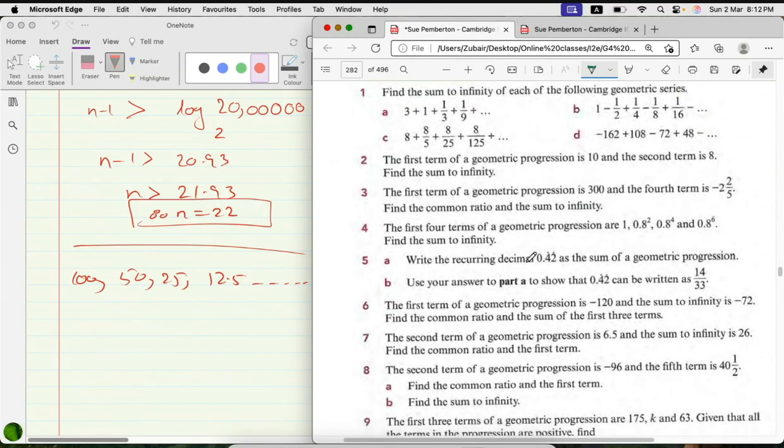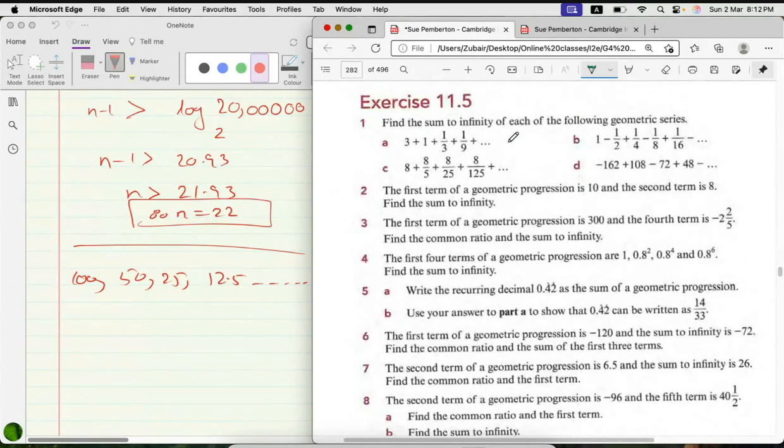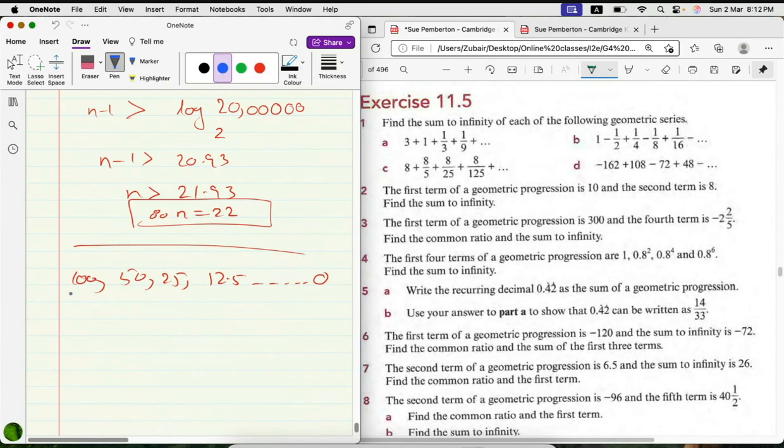Okay. Find the sum to infinity for each of the following geometric series. This is 11.5. Question number 1a. Sum to infinity is a over 1 minus r.